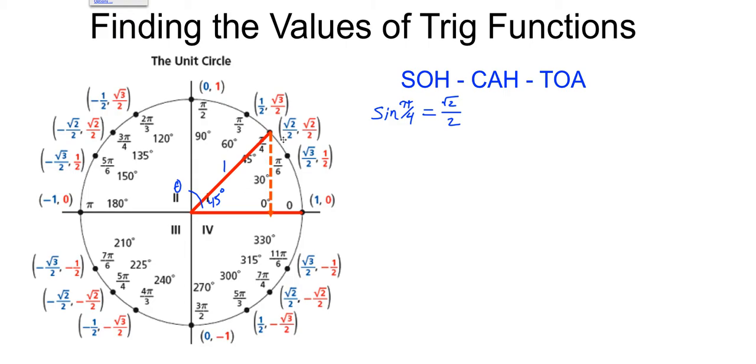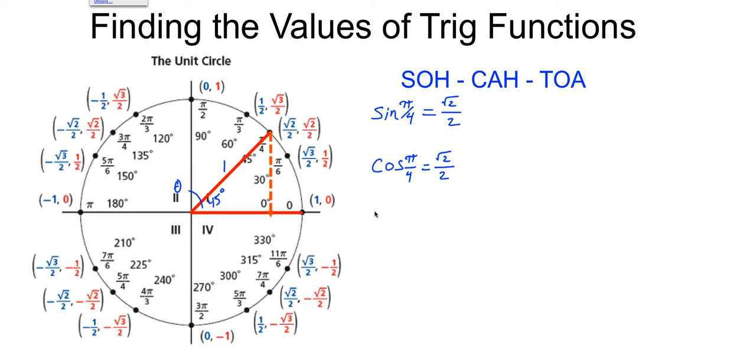And the sine is going to be this distance here, the opposite side. So that's always going to give us these red numbers you see around, or the y values on the coordinate plane. The cosine is simply going to give us the x value over here. It's going to be the adjacent side over the hypotenuse, which would be 1 divided by root 2. Or after we rationalize, the cosine of pi over 4 is just going to equal also root 2 over 2.